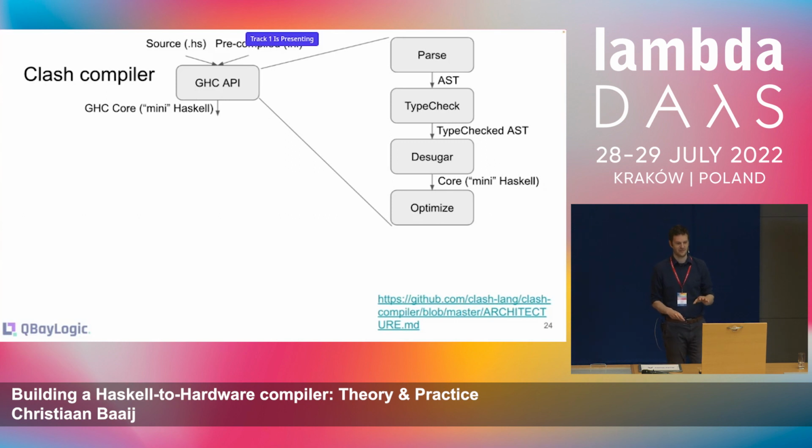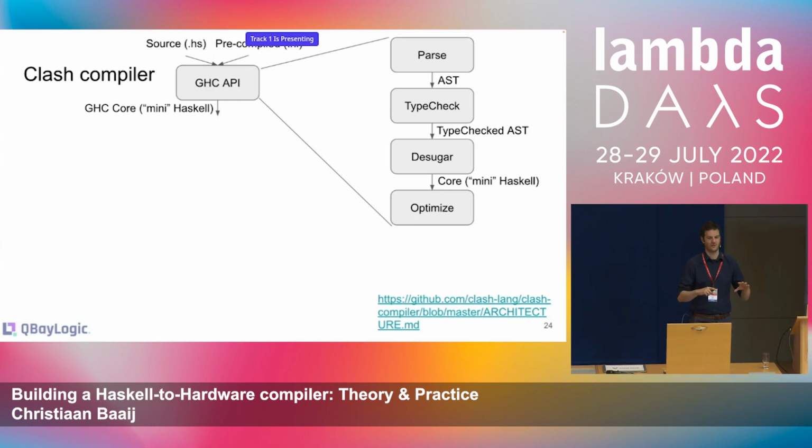Actually, when we started in 2009, it was me and Matthijs Kooijman, and it was his idea to use the GHC API. After that project, I continued with it. So the Clash compiler is really built on top of GHC, the Glasgow Haskell Compiler, and it does a lot for us.